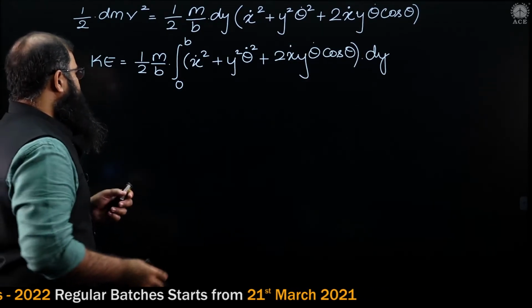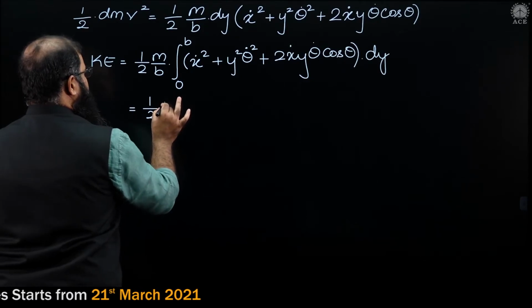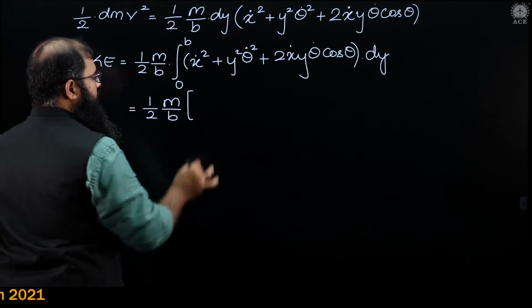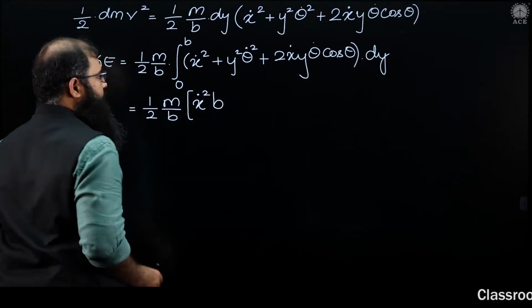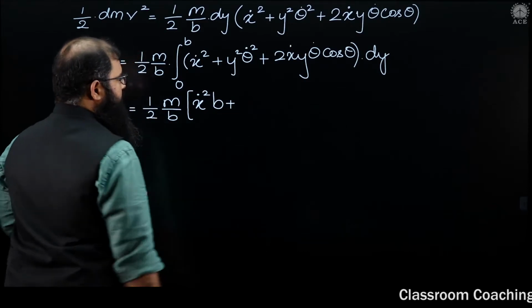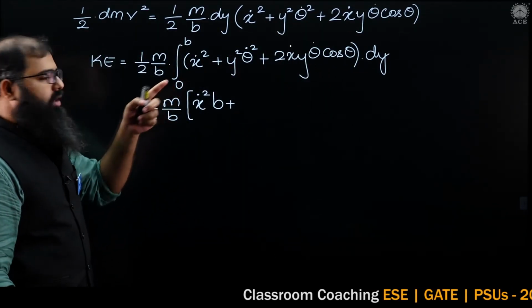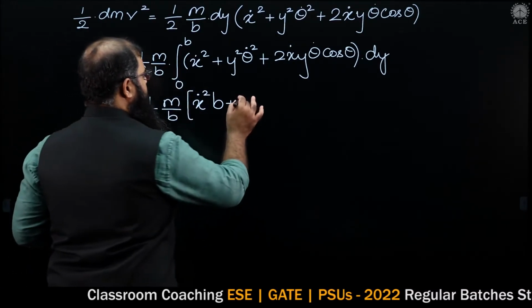Now this should be easy for you. I'm straight away writing the values. It is going to be x dot square b plus y square into dy, integral of y square dy is y cube by 3, therefore b cube by 3.